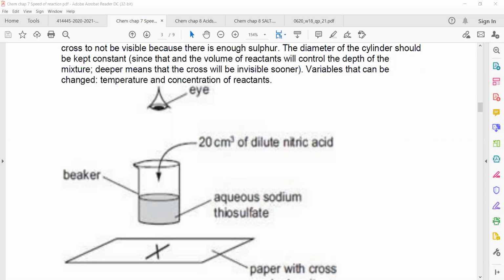Why is the height of the container important? Because what happens if you are using two flasks, say a 100 cm cube flask?